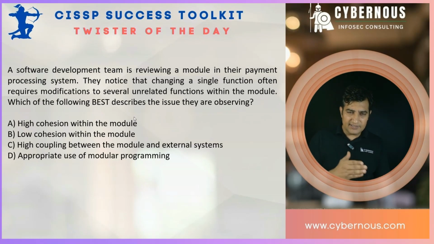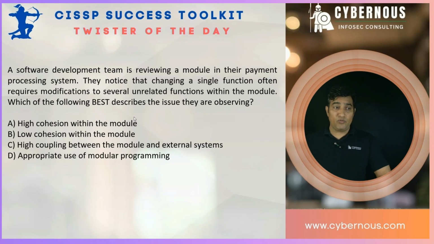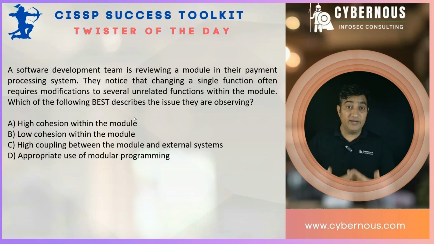So obviously C does not apply here. We'll also look at option D, which says appropriate use of modular programming. The question is asking us for an issue, and appropriate use of modular programming is something which we intend to do. So it is not the best answer here.